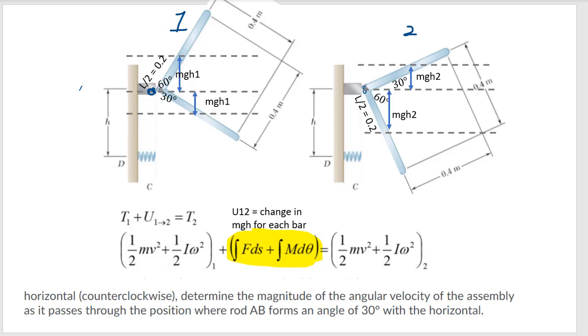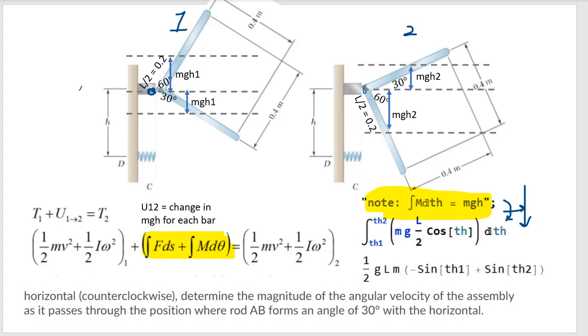F ds versus M d theta, just a note here that you can think of this as change in potential energy, change in mgh, or you can actually think of this as a moment through an angle. So if you're looking at the moment, I'm going from the axis of rotation to where this force is applied, and that's going to be that cross product, perpendicular relationship. So it ends up being the cosine of that angle, but then when you integrate it, it ends up being the sine of the angle.